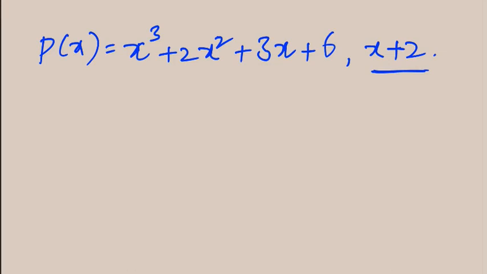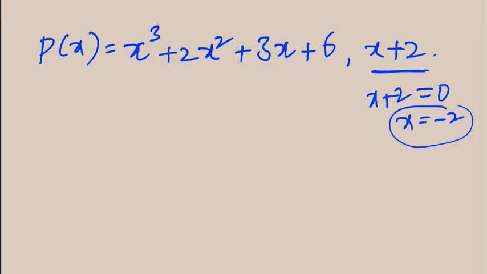To find the remainder for x plus 2, we have to find the x value. For that, x plus 2 is equal to 0, so x equals minus 2. If we want the remainder when p of x is divided by x plus 2, according to the remainder theorem, we just substitute the x value in the given polynomial, that is p of minus 2.